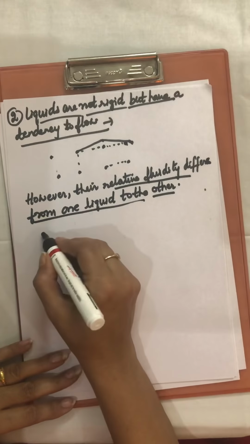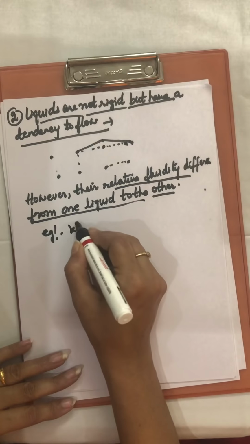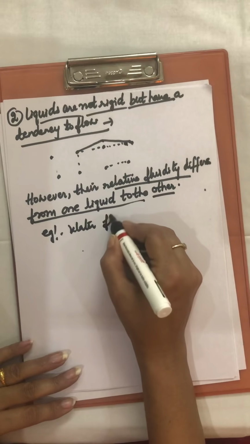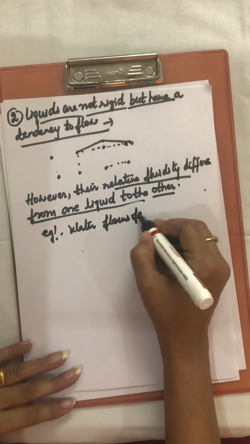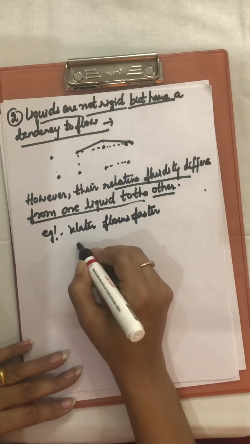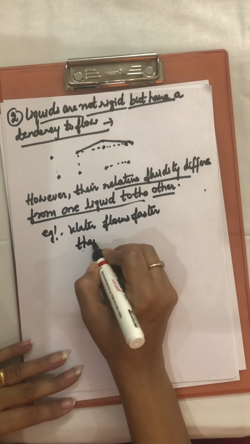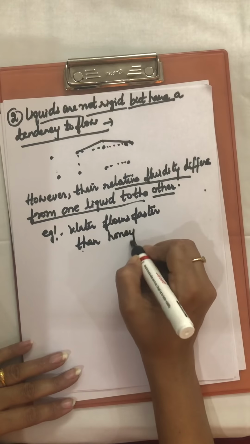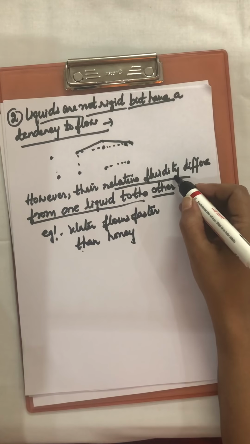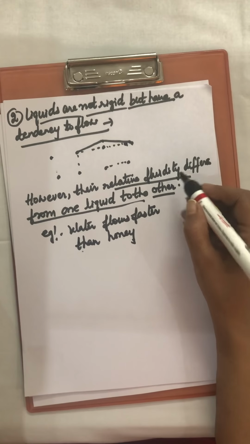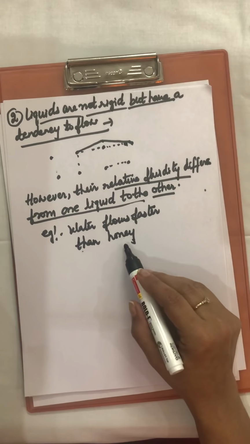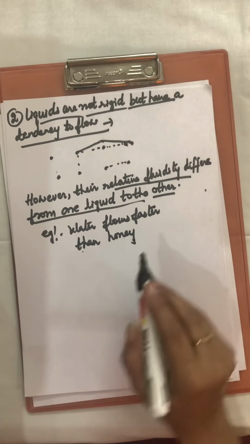For example, water flows faster as compared to honey. So the rate of fluidity of liquids is not the same. Some liquids can flow faster as compared to others.